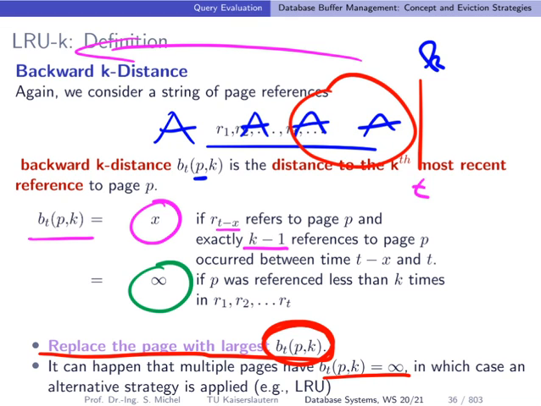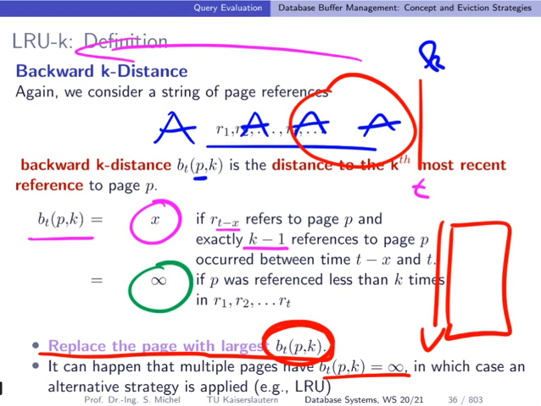This also avoids the problem if you have, let's say, a large table, and you access the whole table, and then LRU in the basic version would contain only pages from this table. This means that all the buffer content, if the table was large, is now filled with these pages, and it does not reflect the real workload to the database system in terms of useful pages to be stored.